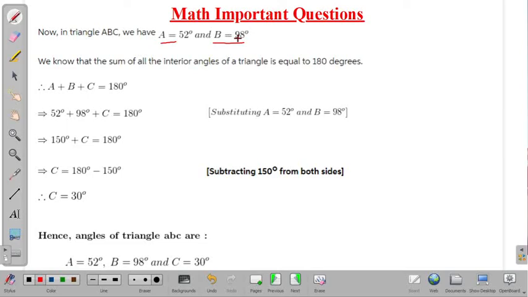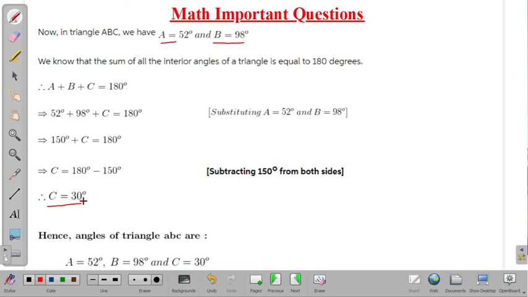Substituting the calculated values of A, 52 degrees, and B, 98 degrees, angle C comes out as 30 degrees. Hence, the angles of triangle ABC are A equal to 52 degrees, B equal to 98 degrees, and C equal to 30 degrees.